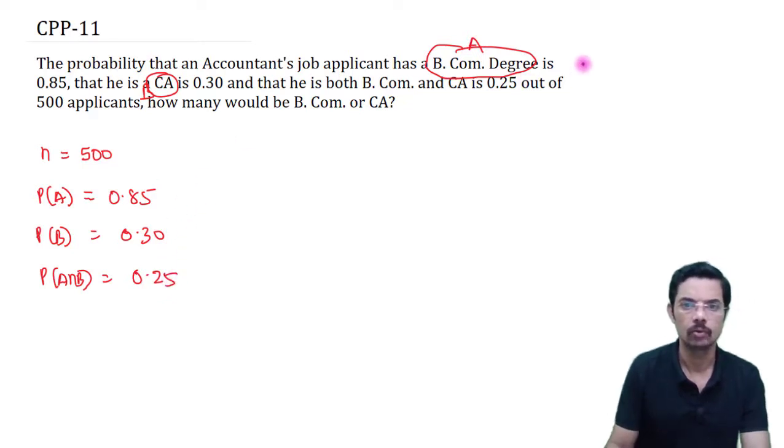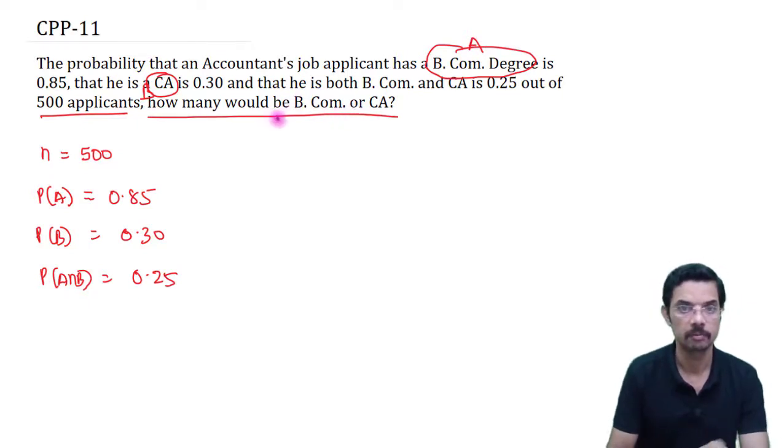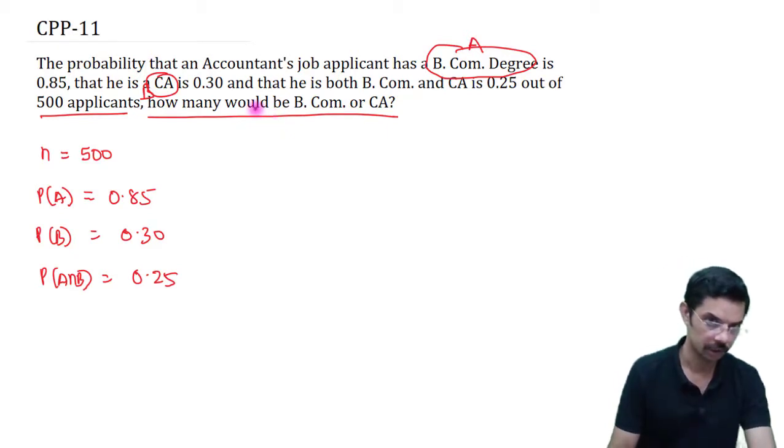Out of 500 applicants, how many people would be BCom or CA? Here we are supposed to find the expected frequency of either BCom or CA.